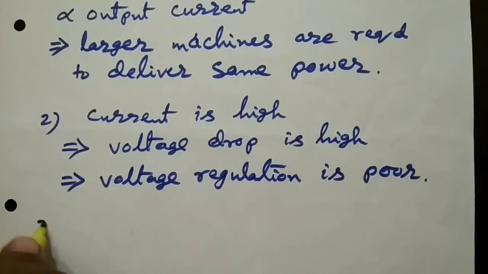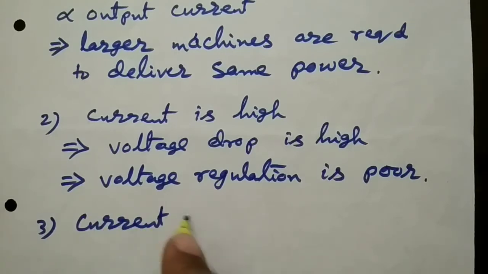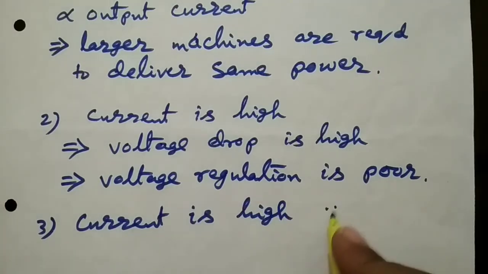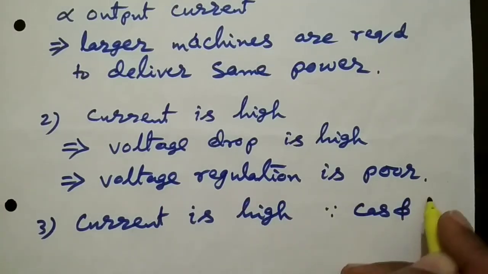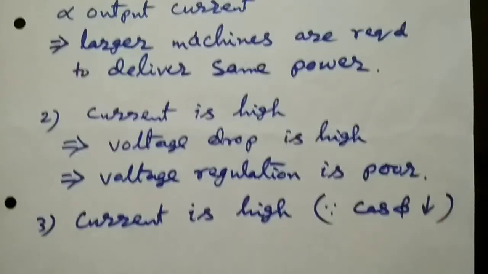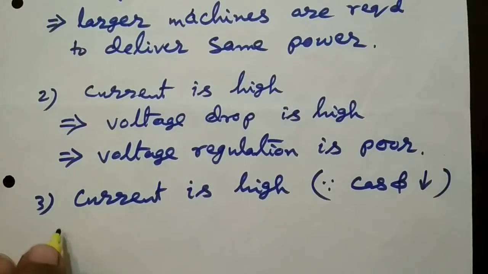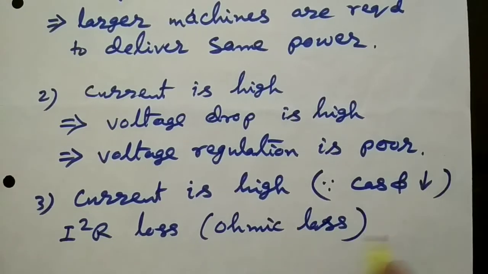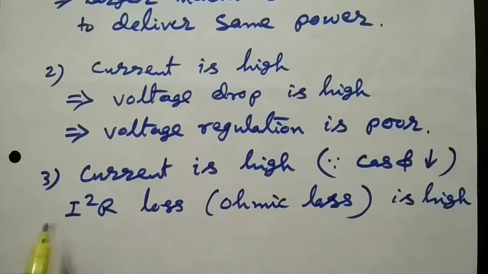The third effect is, as the current is high because the power factor is low, therefore the I square R loss, also called ohmic loss, will be increased, because this loss depends upon the square of the current.